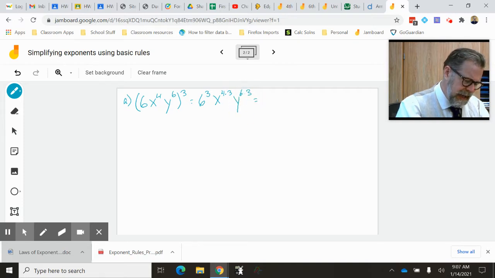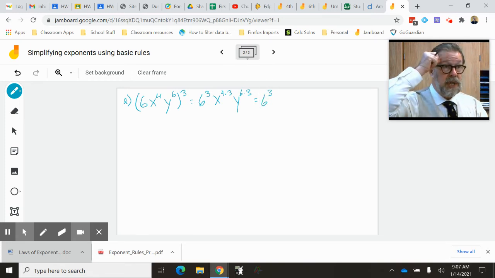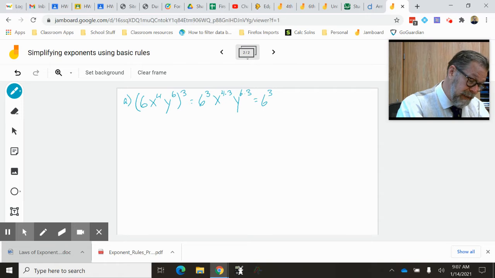And then writing that out, 6 cubed is, gosh, off the top of my head, I don't remember. You could grab your calculator. 36 times 6, 216, if I'm doing that right in my head, maybe. x to the 12th, y to the 18.